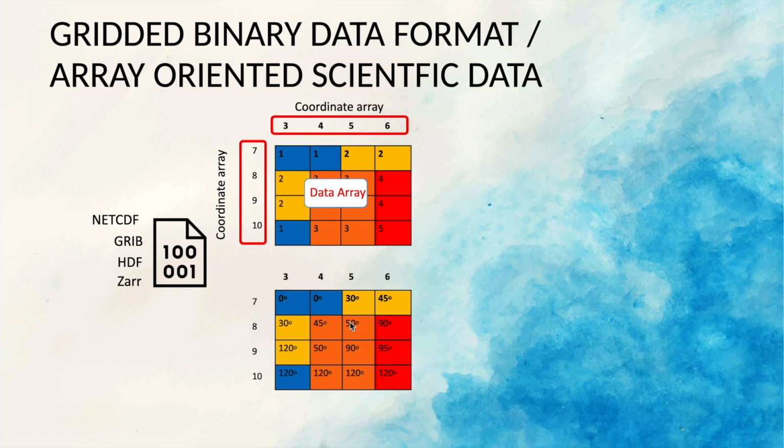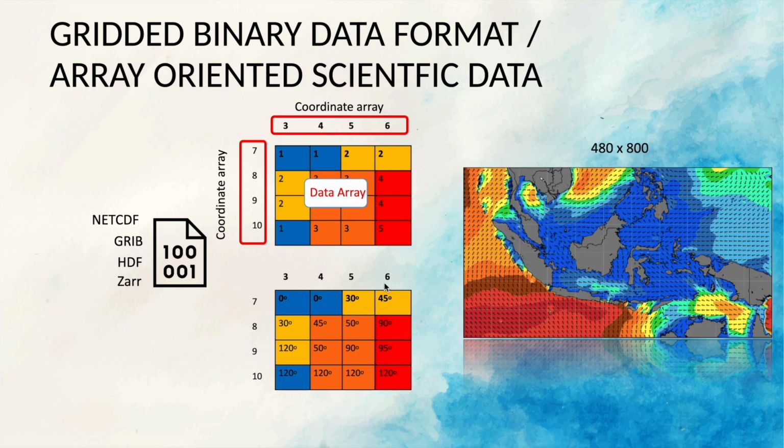So it shares the coordinate array. If we combine these two data, it will become like this. This image is representative of these two data, but on a larger scale here. So we have 480 by 800 here.